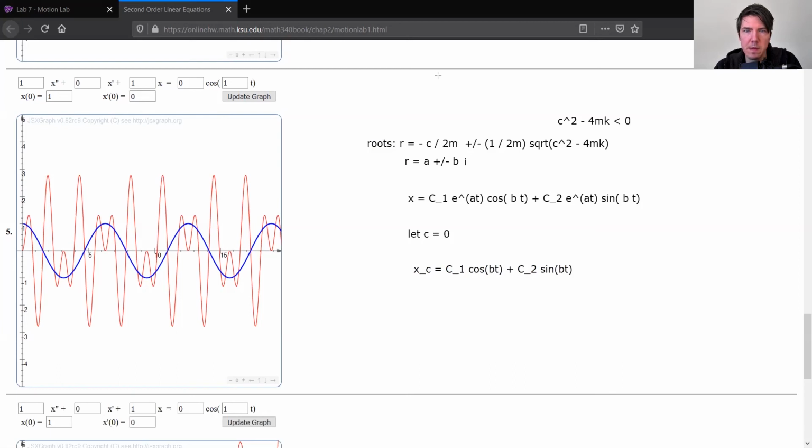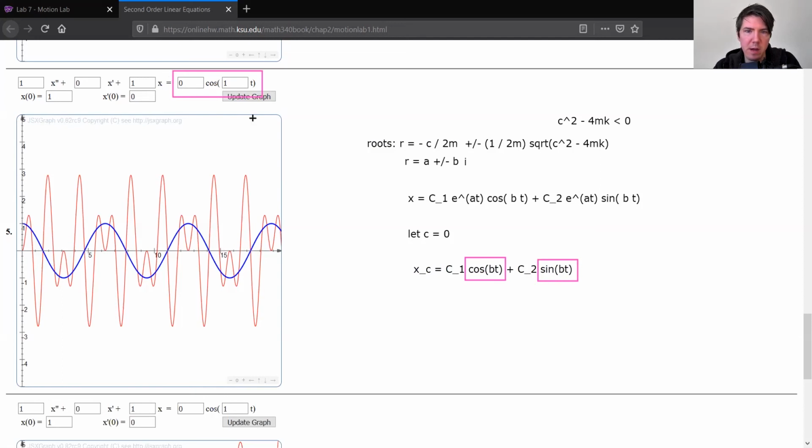Now, if that's our complementary solution, in order to get beats, what we want to do is to look at these two sets of things.